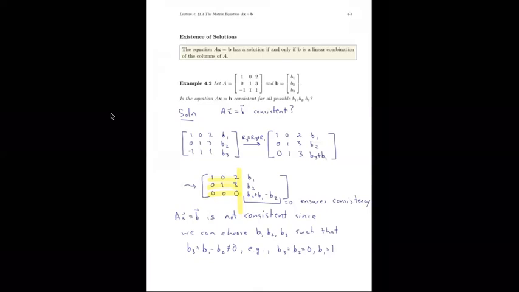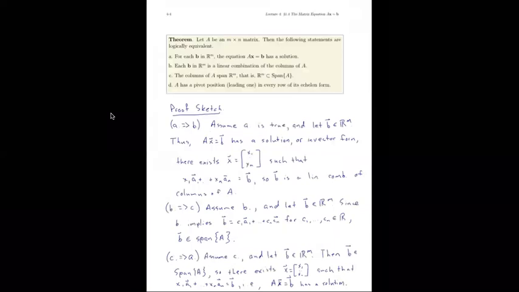So as long as there are no pivots in our rightmost column, then we could have a consistent system. It would have worked for all B1 through B3. So keep that in mind for examples that are similar but with different results.